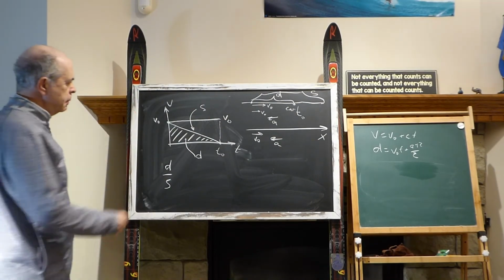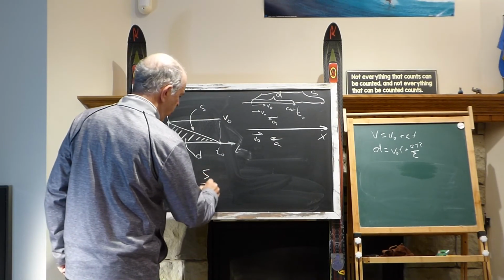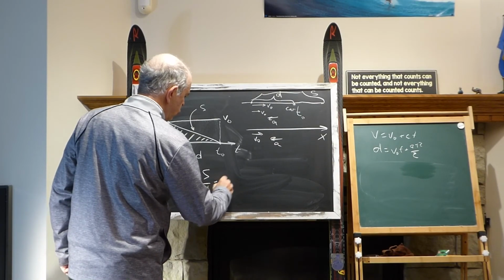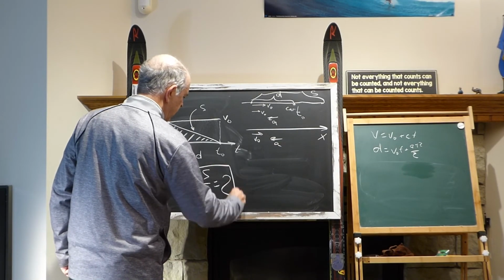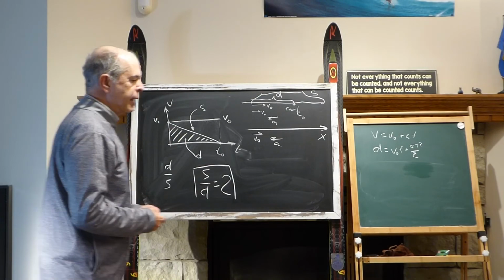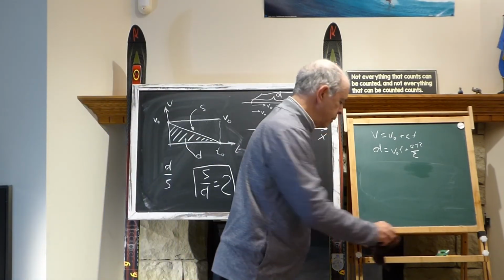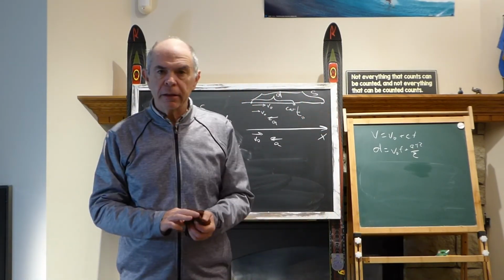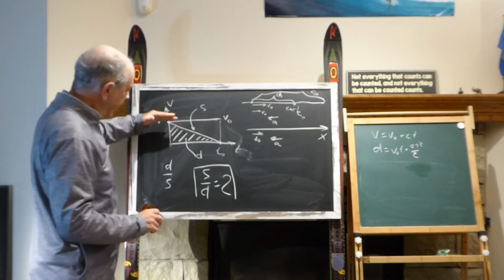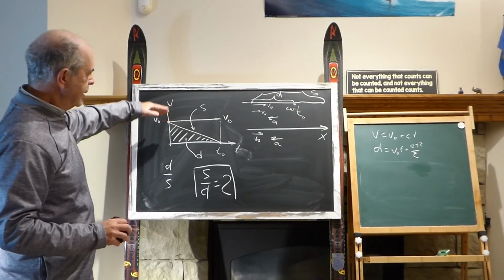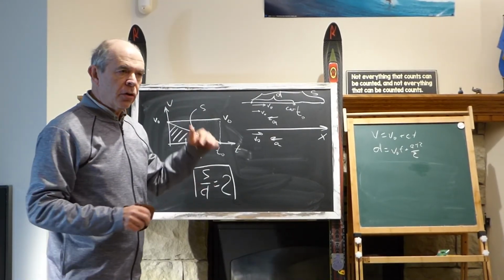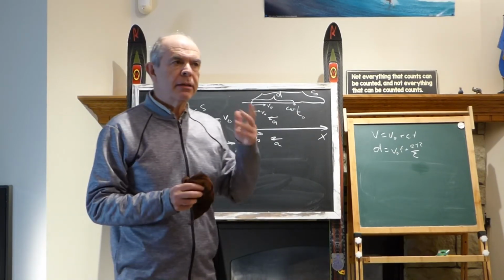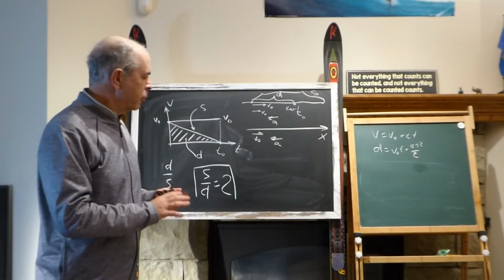Just looking at this picture, we know that S over D equals 2. That's it. And it's much simpler than operating with those formulas. So it's a graphical solution. And again, it's based on the fact that the area under the graph of the speed over time is the distance that a body covers.